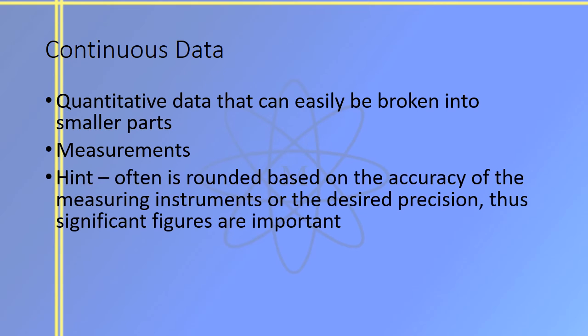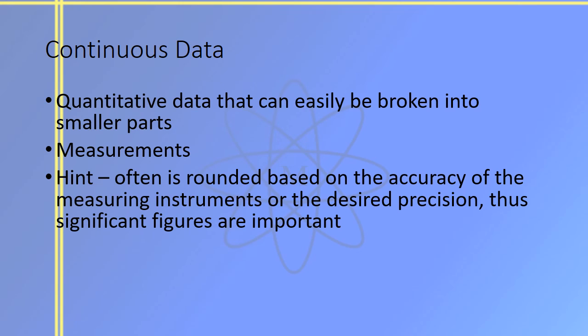For example, if I can only measure something so far because the instrument I'm using is only so accurate, that's continuous data. Or maybe the instrument has only a certain amount of precision. A ruler has a very different precision than a micrometer.